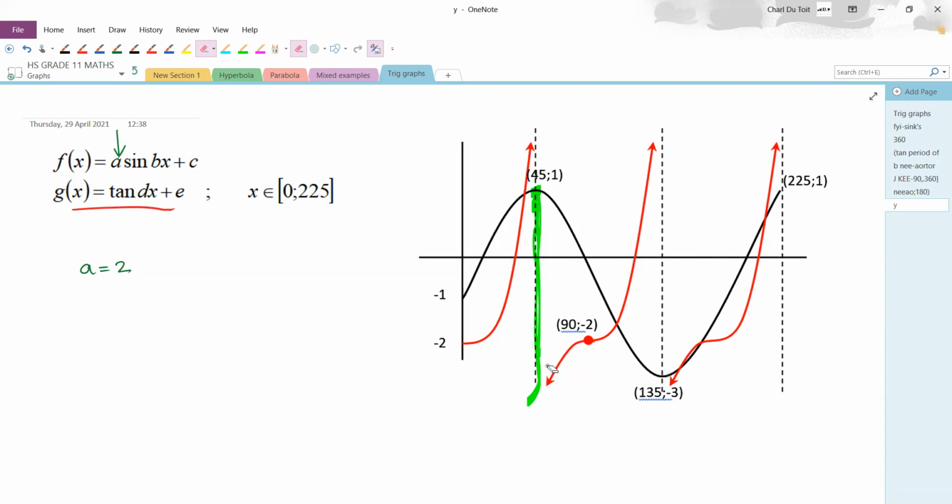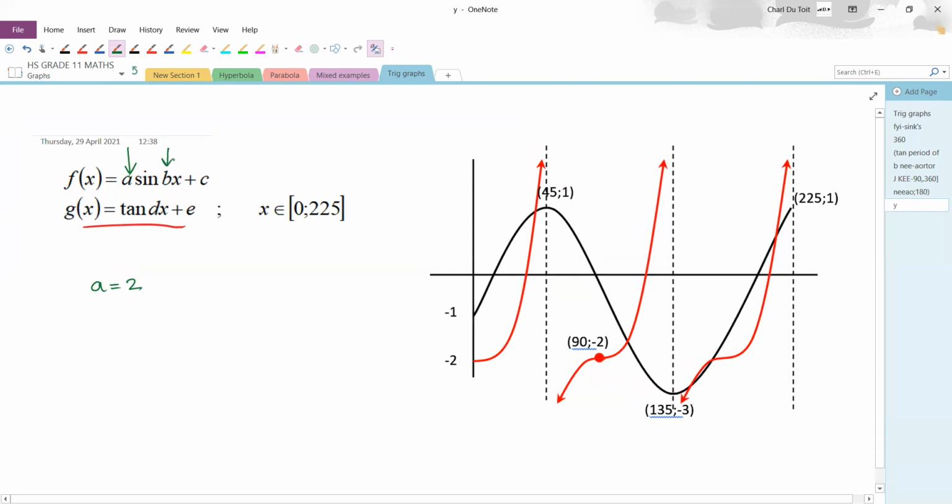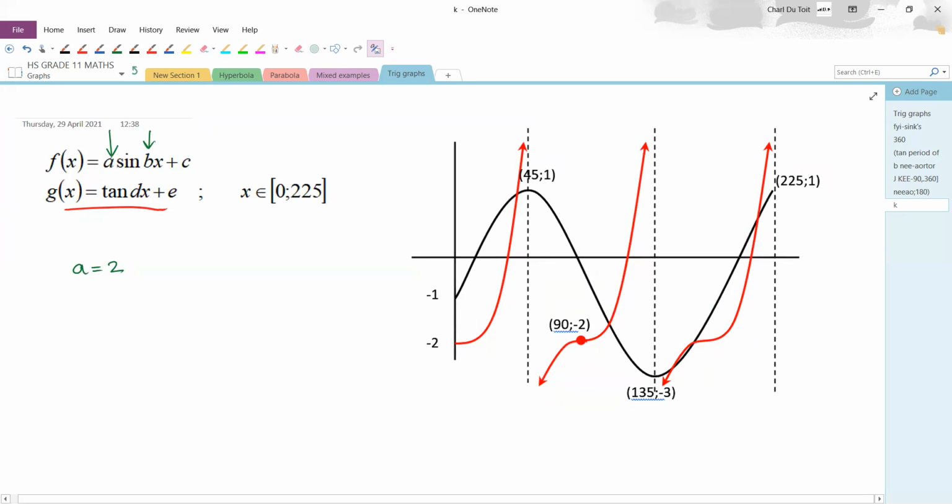And B is the amount of sin graphs I can draw up to 360 degrees. So let's find, where is one sin graph finished? It'll be here somewhere. There is one sin graph. I need to find the value there, of that X value there.